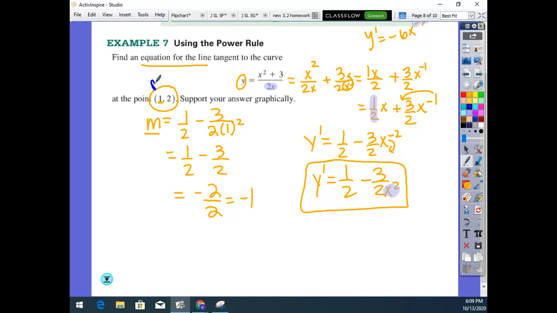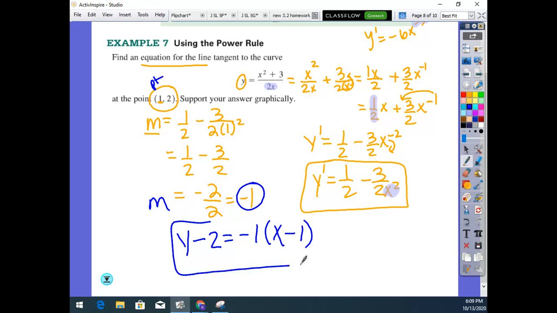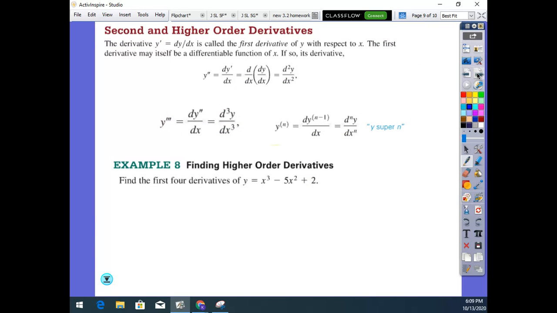I have my point. I have my slope. I can now write the equation. Y minus my y value equals my slope times x minus my x value. Okay, this is actually pretty straightforward.